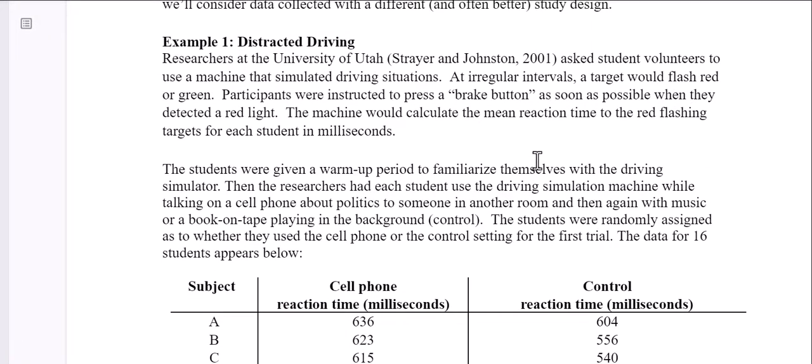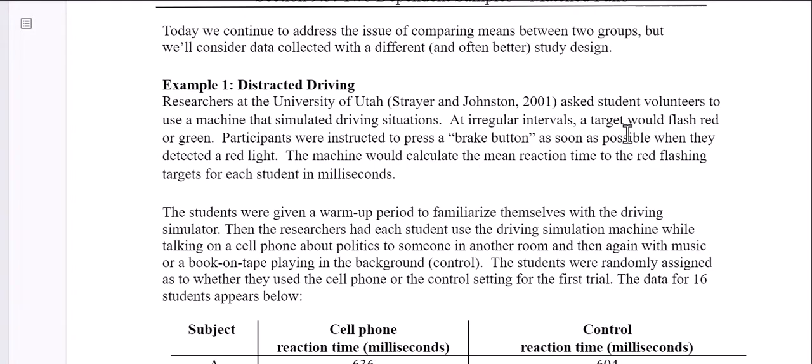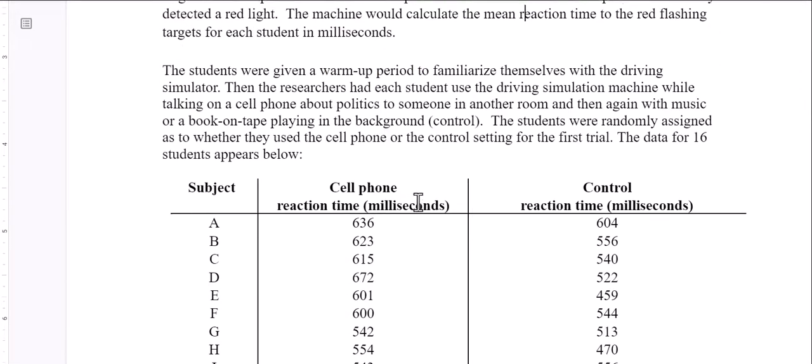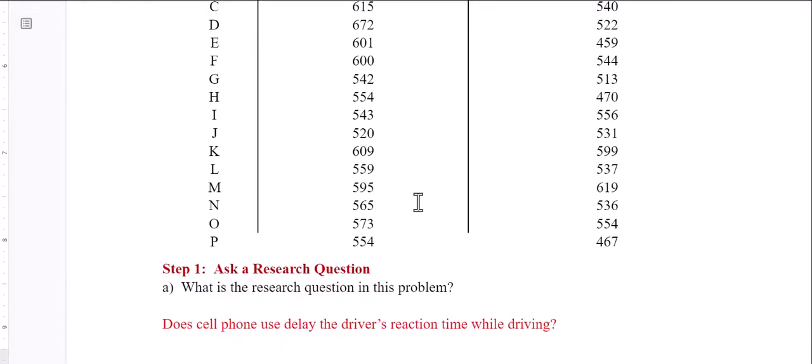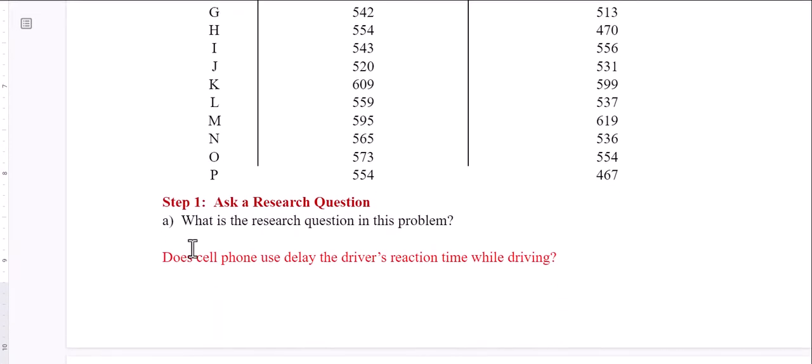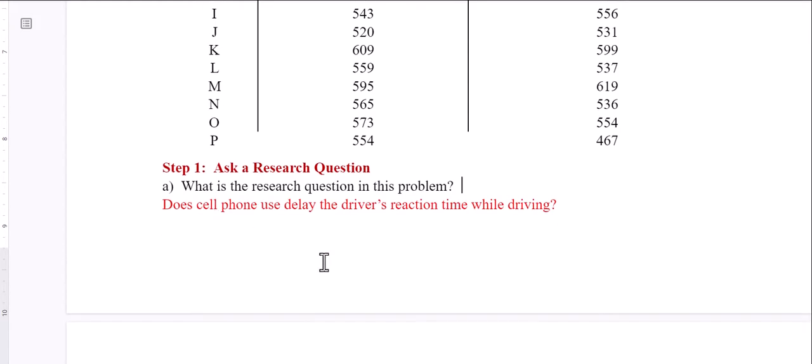I think I skipped the part that says, at regular intervals, a target will flash red or green, and participants were instructed to press the brake button as soon as they detected the red light. And that's how the problem was set up.